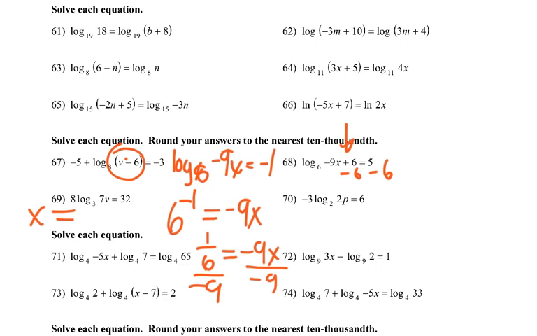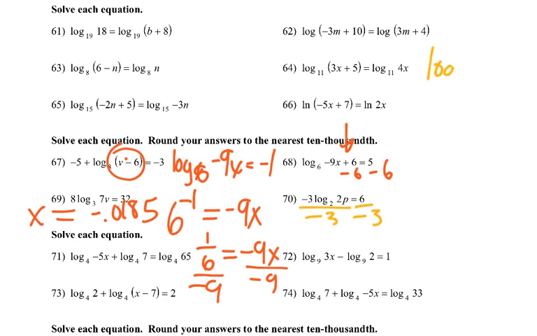Is it divided by negative 9? Yeah, it is. So we'd end up with negative 1 over 54, which would be not what I thought it would. Hold on. x would be about negative 0.0185. Very small number.